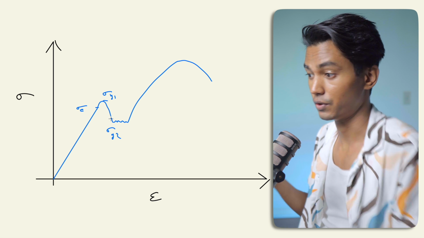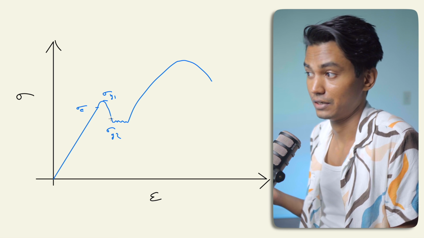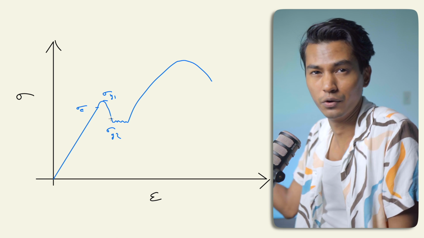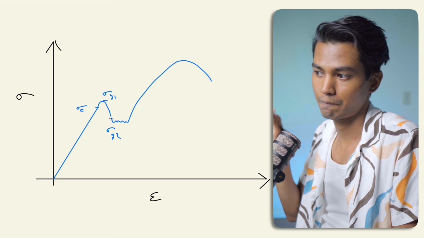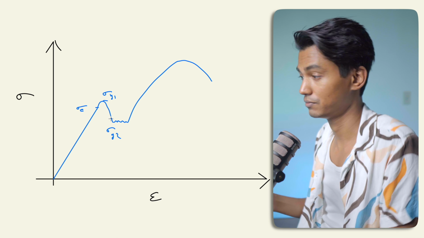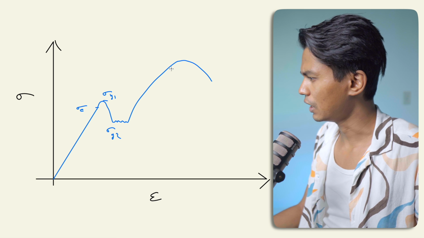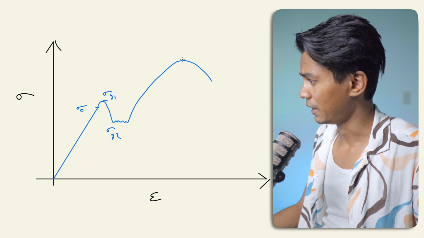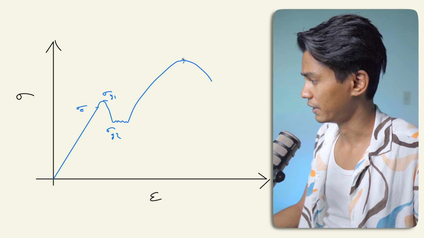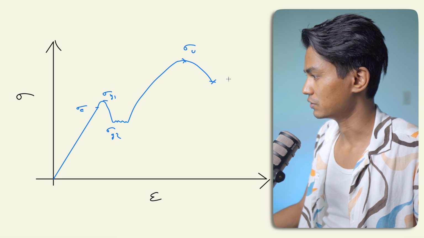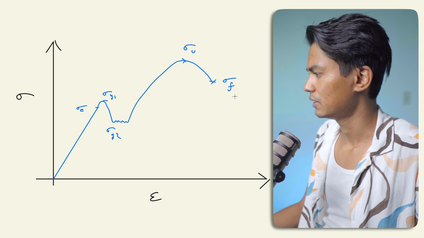You're not increasing the load and the deformation just keeps on happening. So it's also kind of like a fluid flow. The load is constant, but deformation continues the way that it happens in fluids, which is a topic for another day. And this over here is your ultimate stress, and this over here is your fracture stress.